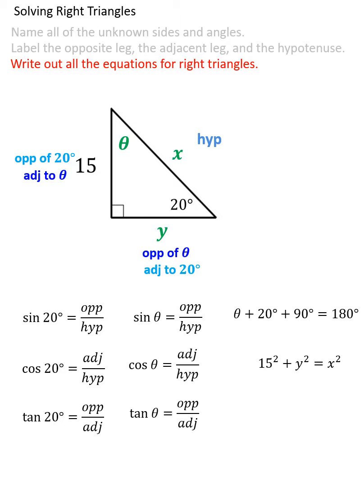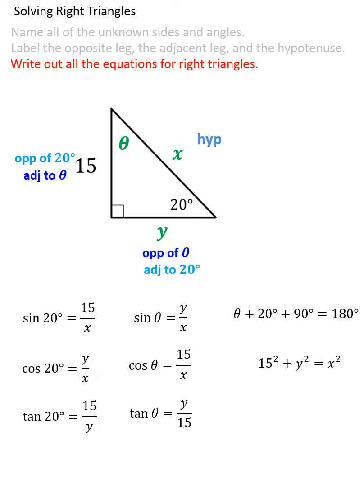Now, when you're solving problems like this, do you want to write out 8 equations? Not necessarily, but I'm going to do that just to show a point here, that some people may like to start out writing all 8 of them. Before we begin, let's look at the names opposite, hypotenuse, and adjacent and replace those with x, y, and 15 in this case.